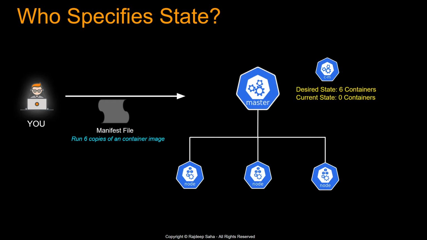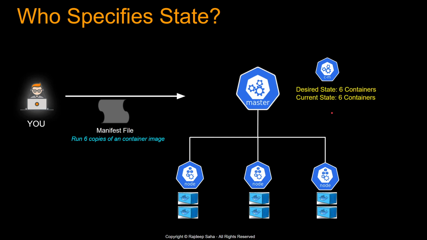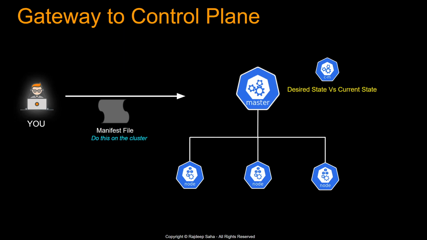So it is going to work with kube-scheduler and schedule 6 containers on the nodes and make desired state equal to current state.